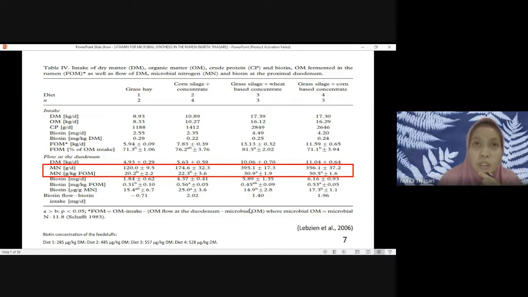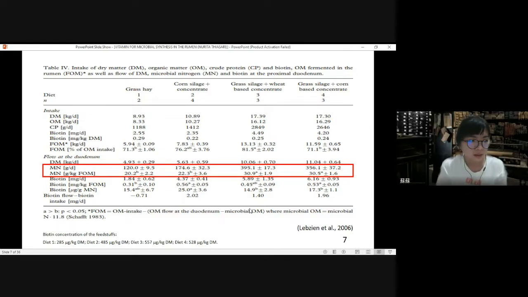So the correlation. I'm sorry, would you please repeat again? Okay, my question is why vitamin B has more efficiency under the high concentrate treatment?